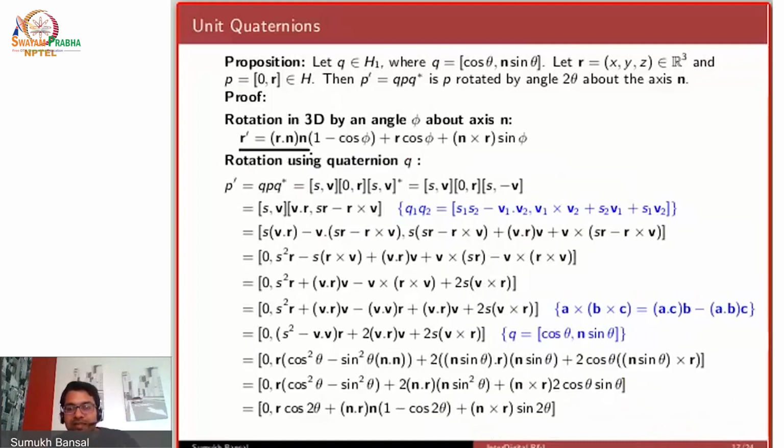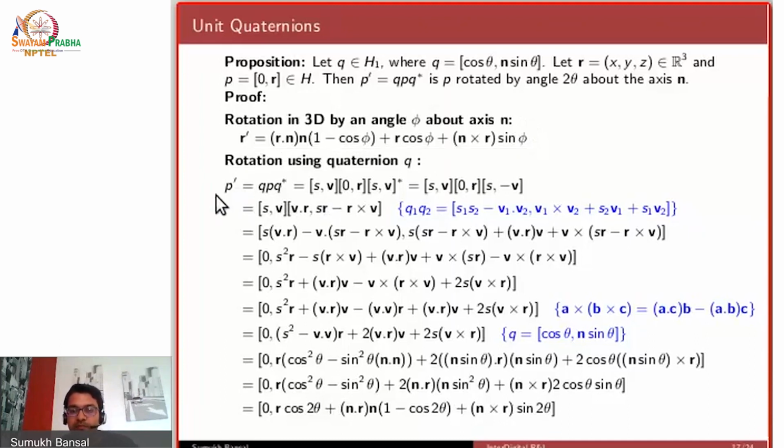Okay, so now this is the rotation which we get after rotating the vector r by an angle phi about an axis n. Now let's check what our quaternion multiplication provides using the definitions.